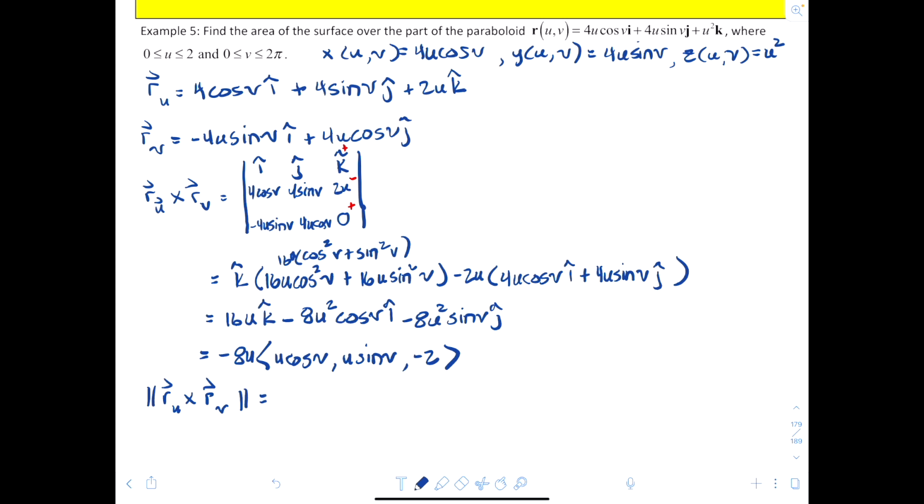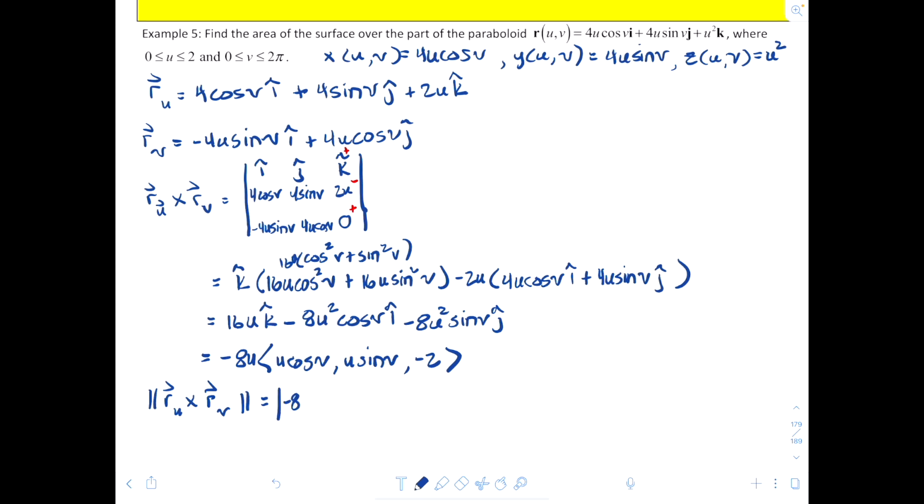That's going to be equal to the absolute value of negative 8u, because we were able to factor that out, times the square root of u squared cosine squared v plus u squared sine squared v plus 4.